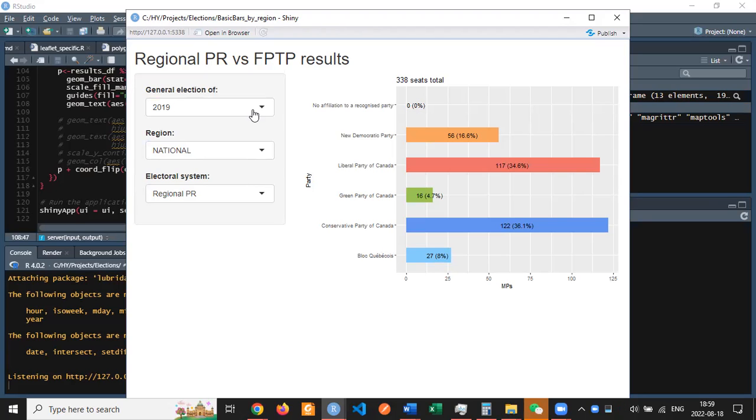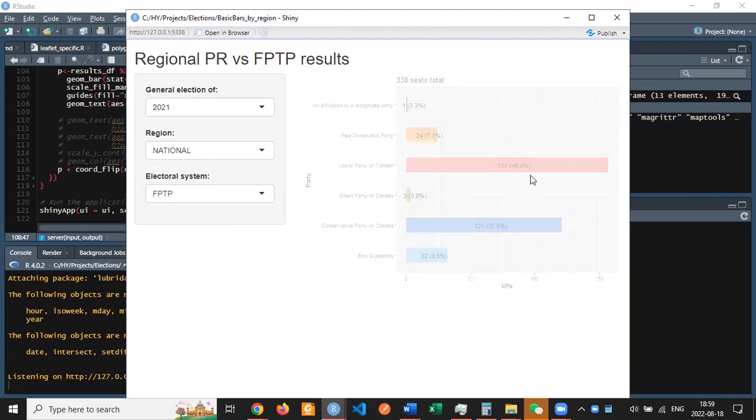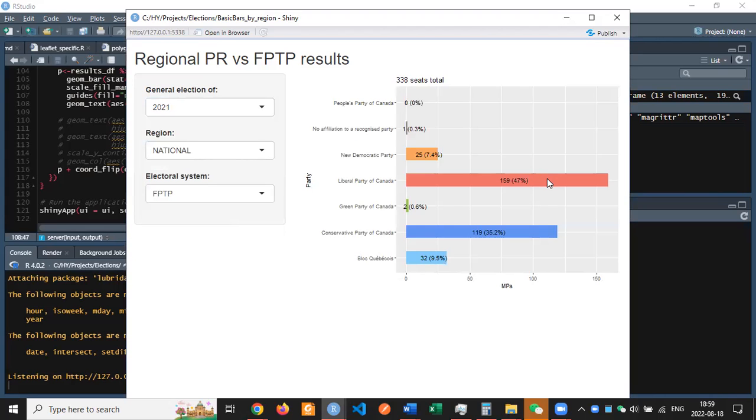And as I noted in my abstract, there's the type of scenario where the party that received the largest share of the popular vote nationally did not actually obtain the most seats under first past the post. So we can see that the Liberals got 157 to 121 seats in 2019, and a similar result last time around, but they were actually beaten by the Conservatives by around 1% of the vote nationally.